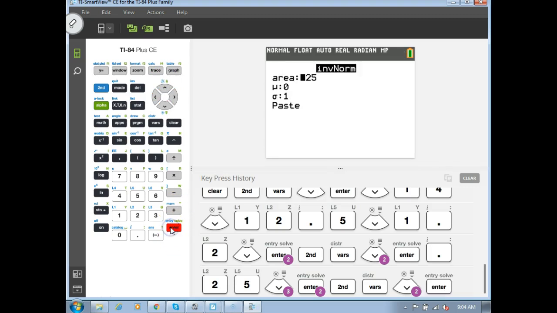That's even better. Oh my gosh. My calculator defaults to, let's see, the positive tail. So the right tail, apparently.